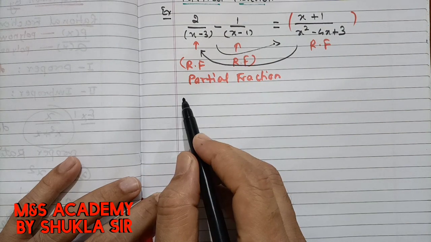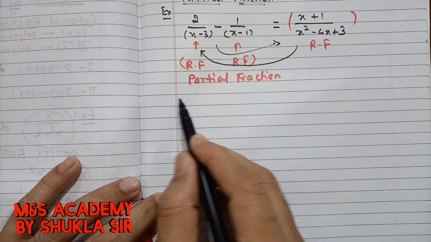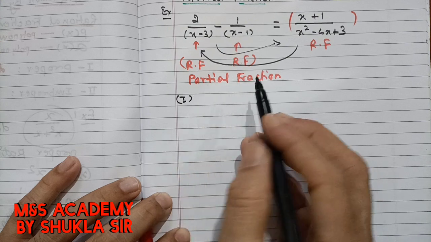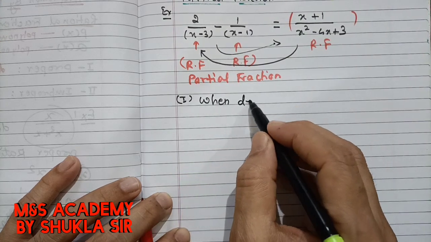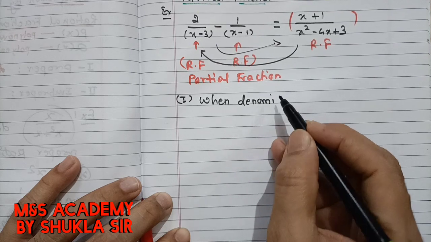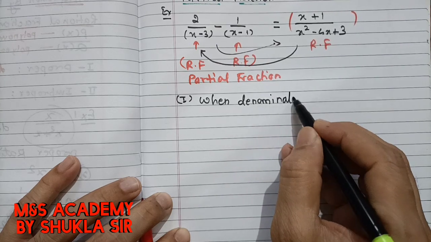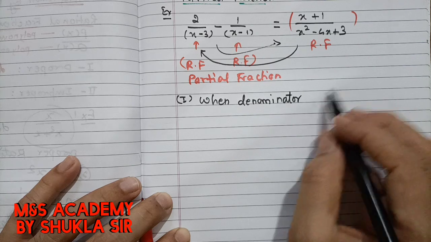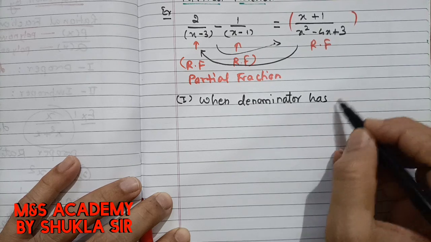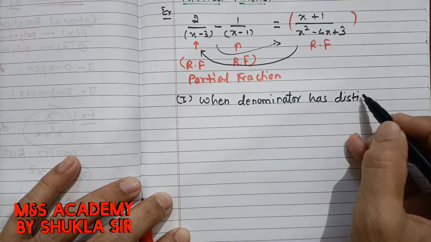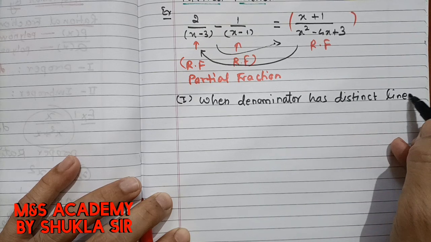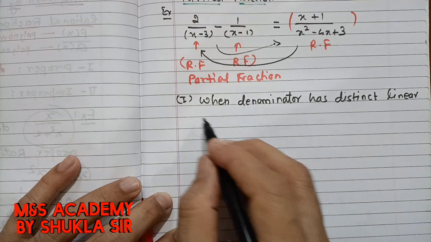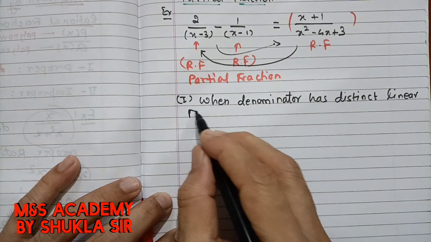So we'll start with type 1. Type 1, when the denominator has distinct linear factors.